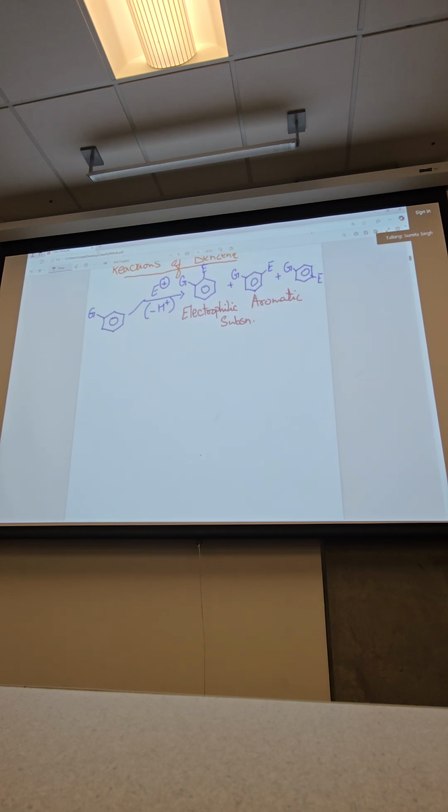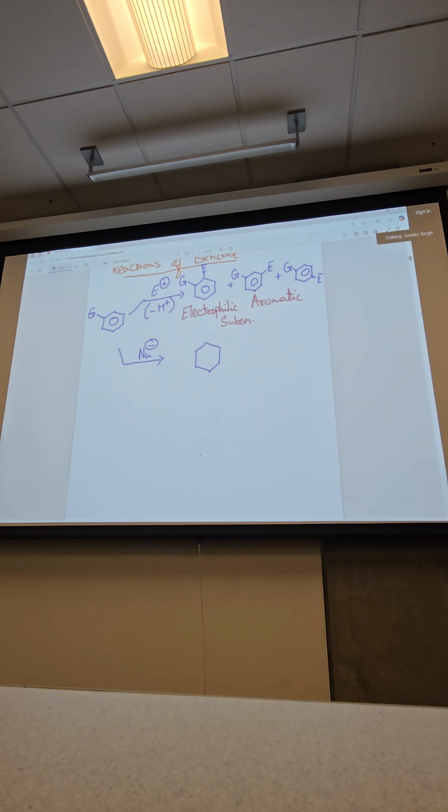Another reaction that we will spend some time on is also on the benzene ring, but instead of an electrophile reacting with the benzene ring, a nucleophile comes in. And the nucleophile does not substitute H, because H has to leave as H plus. H minus is a bad leaving group because it's such a strong base, so it can't be H minus.